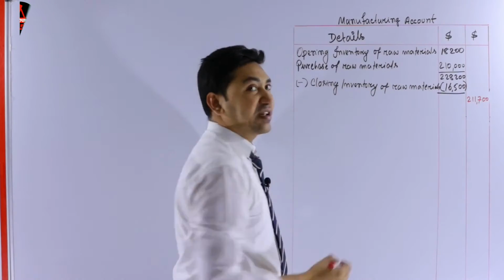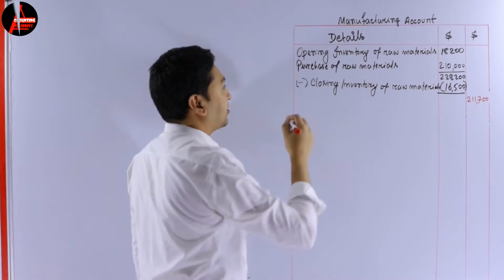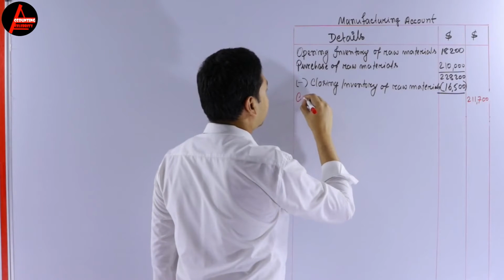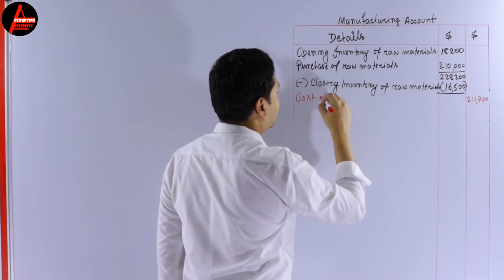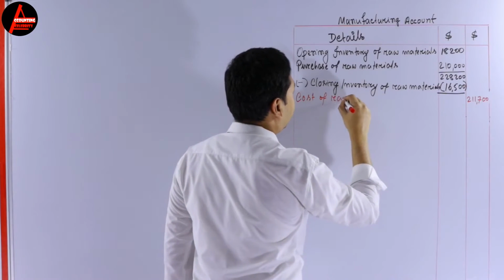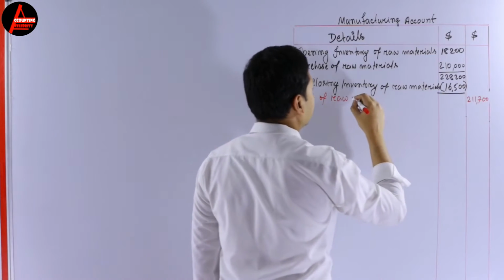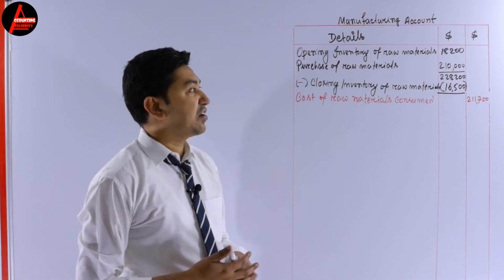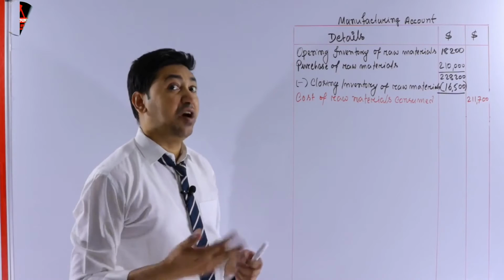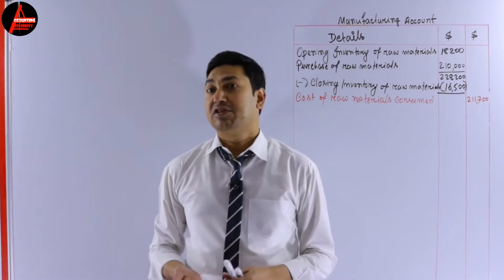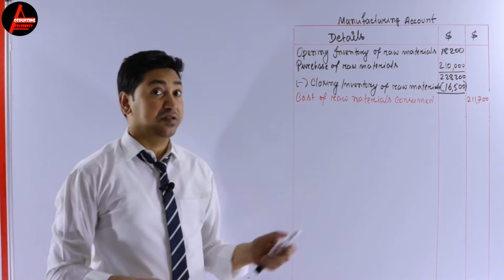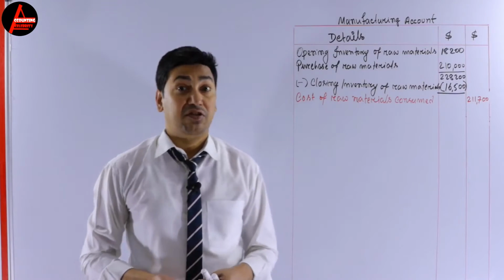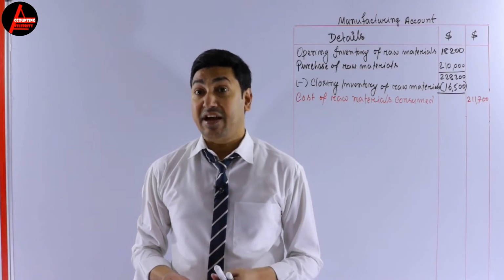So what is this value called? This is called cost of raw materials consumed. Now we need to calculate our prime cost. So how do we calculate prime cost? Prime cost equals cost of raw materials consumed plus factory wages plus direct expenses.